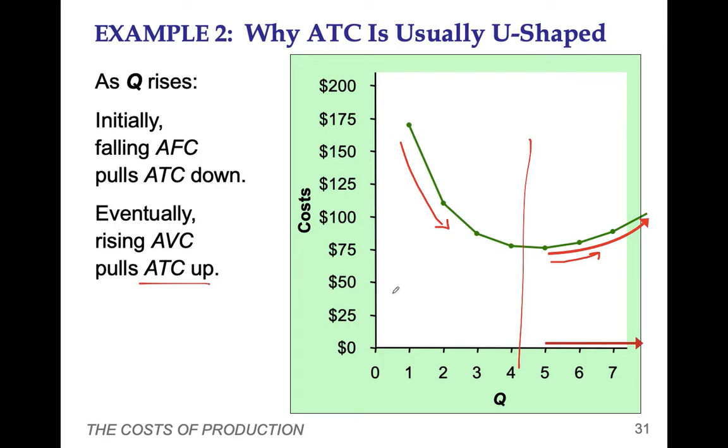The effect of the average fixed cost is no longer significant, and it is compensated by the variable cost effect, since average variable costs are now increasing for each unit produced after the fourth unit.